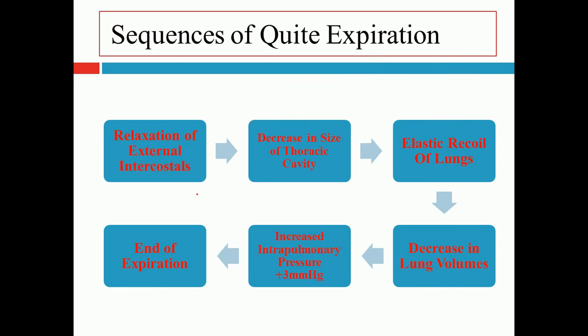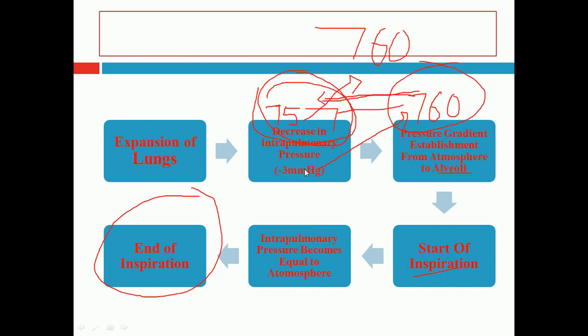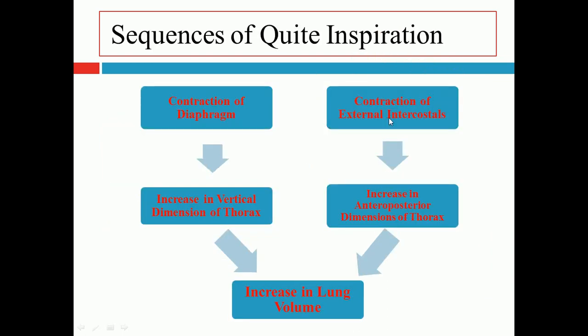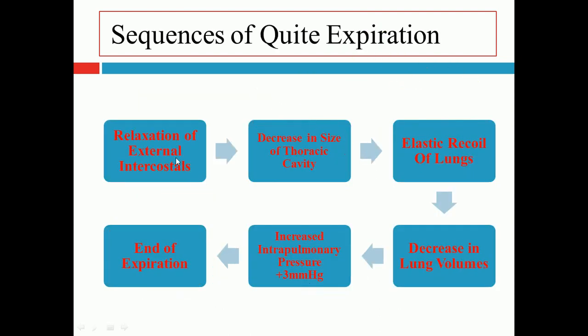Then sequence of quiet expiration. Simple. The first step is relaxation of external intercostals, which actually cause increase in lung volume. Once the external intercostals relax, they are not contracted, decrease in size of thoracic cavity, which will cause elastic recoil of lung.